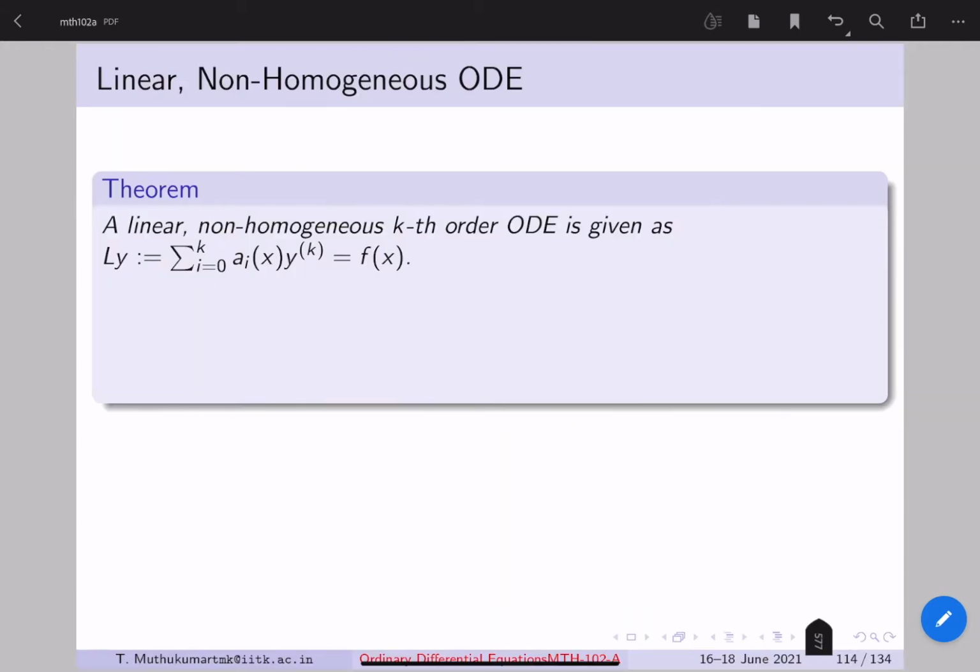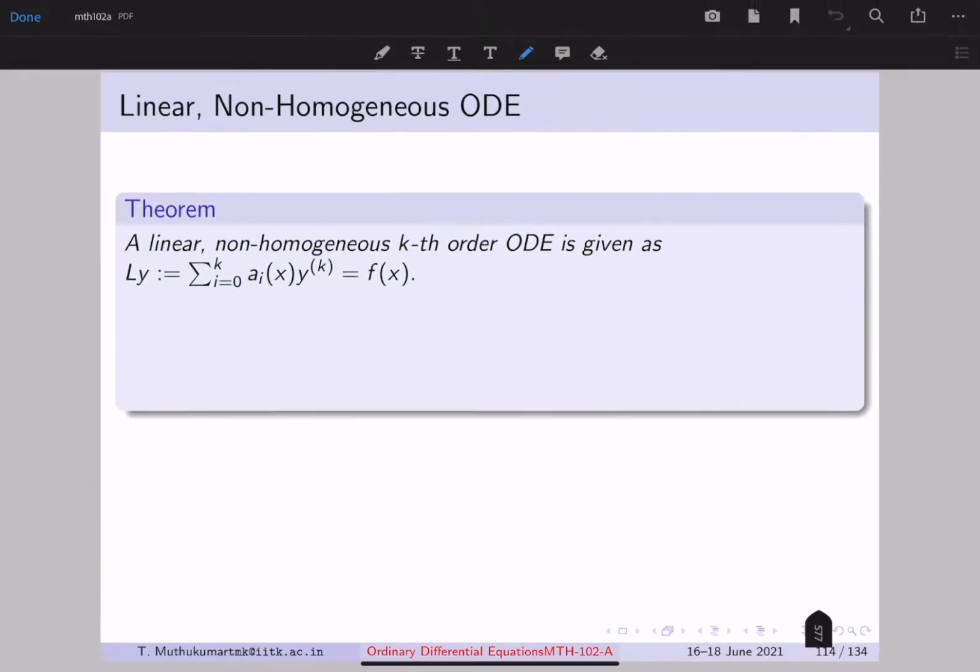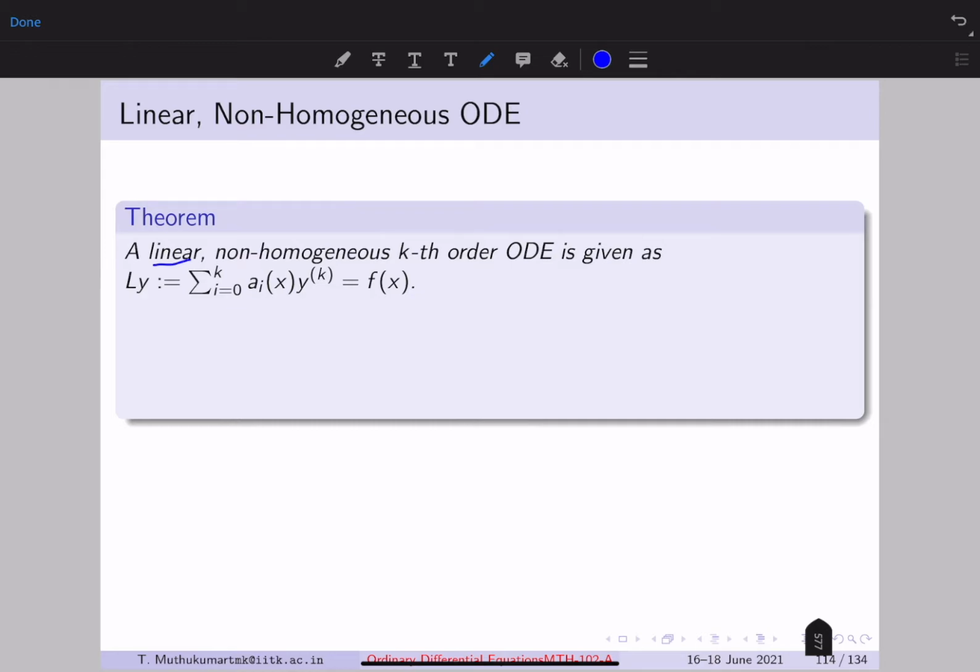So we have a linear non-homogeneous kth order ODE. You have Ly equal to f in this form. The idea is this.